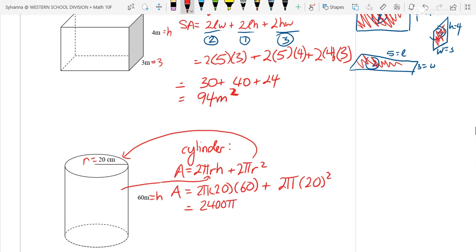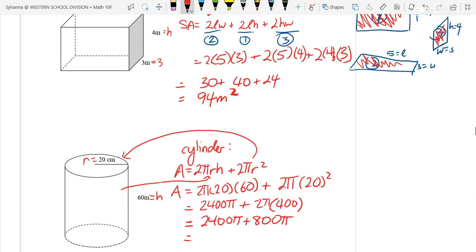I'm just going to leave the pi with it. And then 20 squared is 400. And then 2 times 400 is 800.